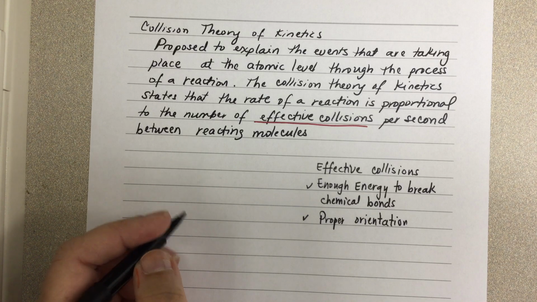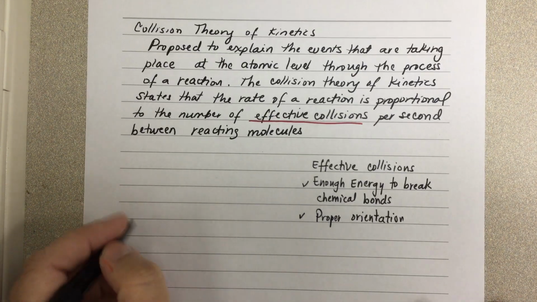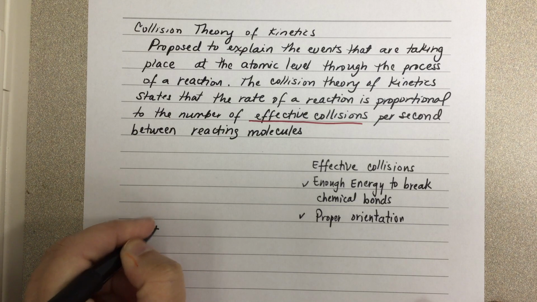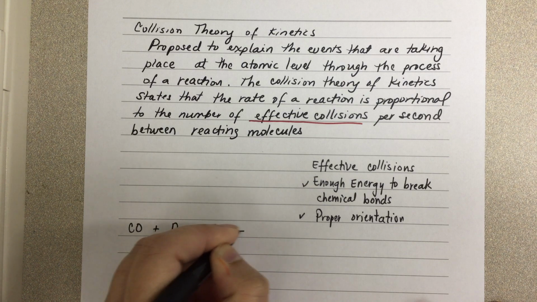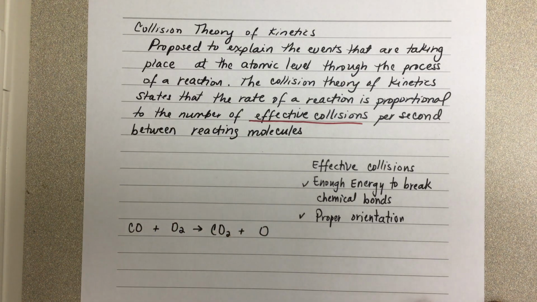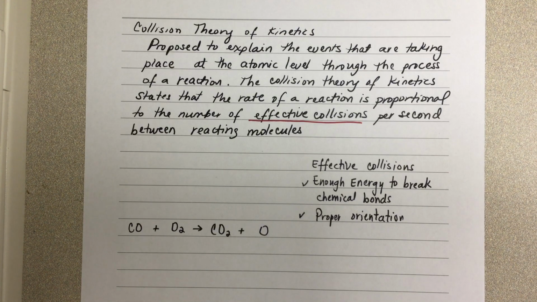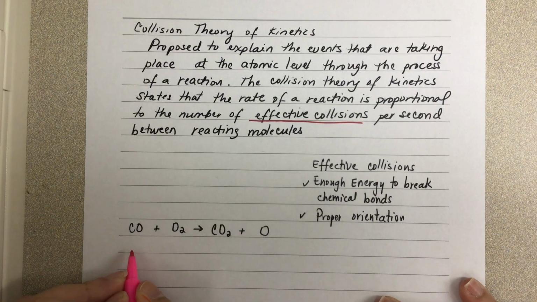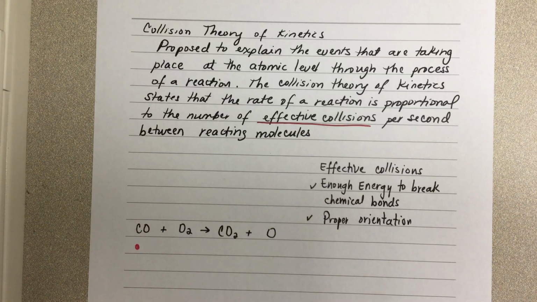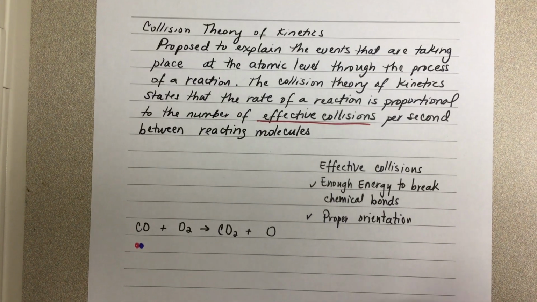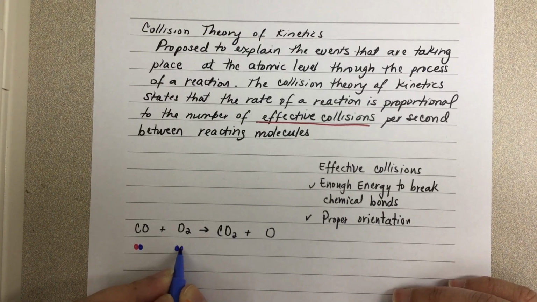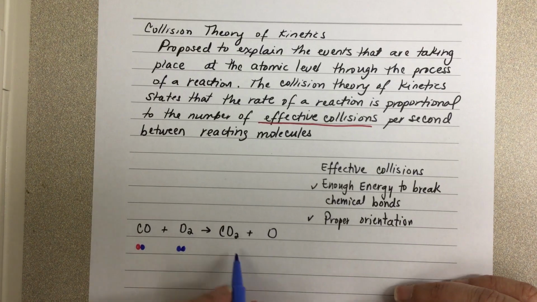So I do this simple representation to go over this. I have CO plus O2 going to CO2 plus a single atom of oxygen. I'm going to use two different colors, one for the carbon, one for the oxygen. So this is CO, a dot for C, a dot for O. This is O2, so I'm going to put two dots of the same color there.